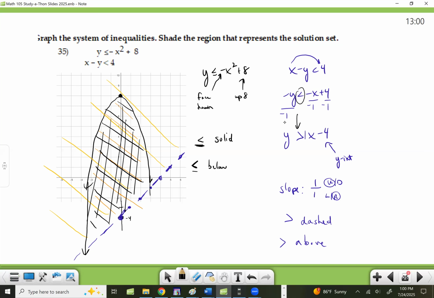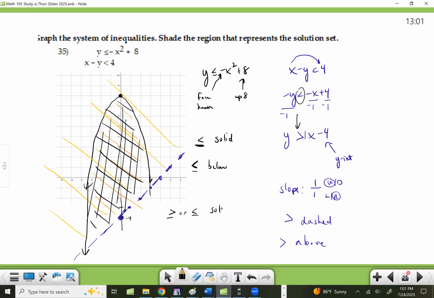Okay. All right, so some things to have on your notes for this. You already wrote down y equals mx plus b earlier. There was a slope-intercept problem earlier. But maybe if you don't know when your line is solid or dashed, or when to shade above or below, I would probably put those things on your cheat sheet, okay? So basically it boils down to either one of these, right?